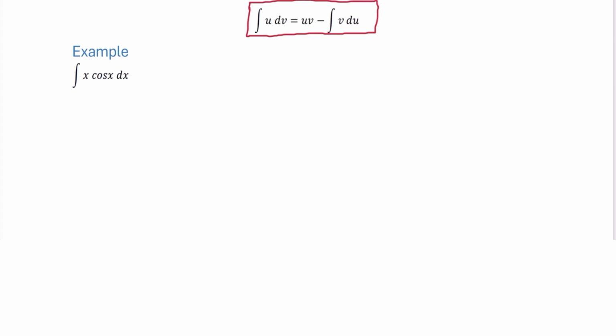The first thing we want to do is figure out what u and dv are. We want to break this into parts, x and cosine x dx. The part that we want u to be is going to be the part that will be more simplified once we take its derivative.